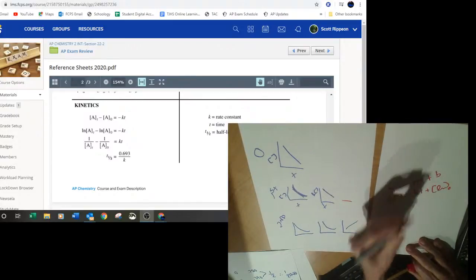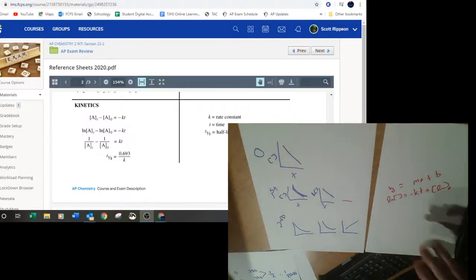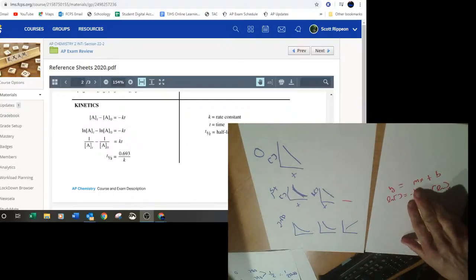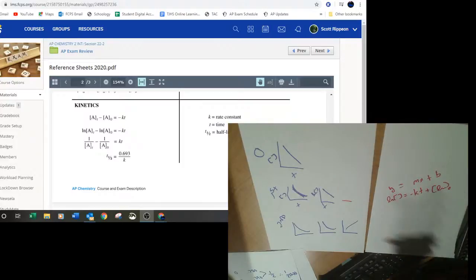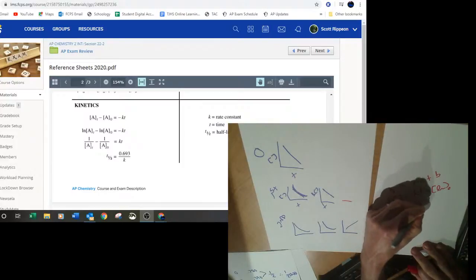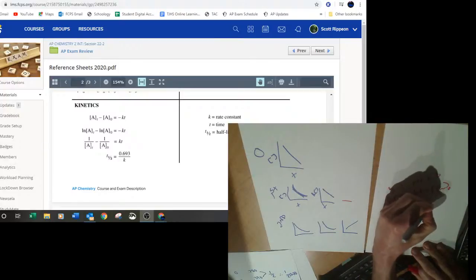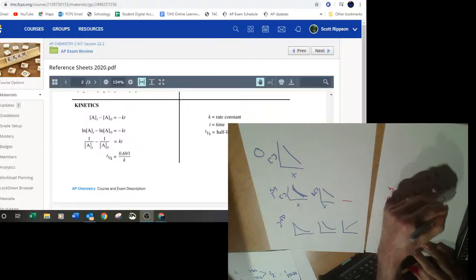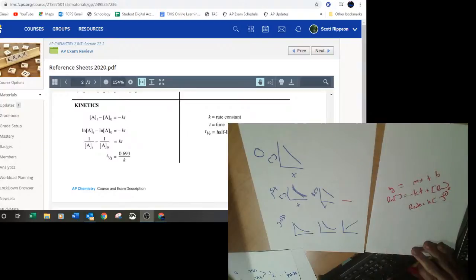Therefore the slope is the negative of the rate constant. And so the rate for this particular one would be written rate equals k times the concentration of whatever that substance is to the first power, because it's a first order reaction.